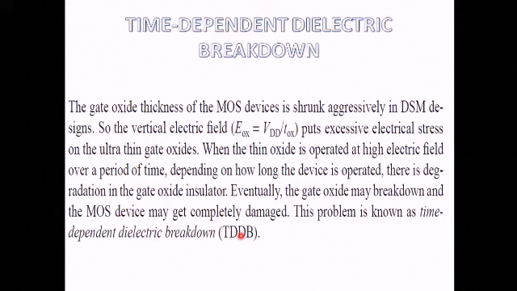As the gate oxide thickness is shrunk excessively in these small geometry MOSFETs, the electric field puts excessive electric stress on the ultra thin gate oxide layers. As time goes on, the gate oxide layers may break down and the MOS device may get permanently damaged. This is a very harmful effect, and it is one of the small geometry effects.